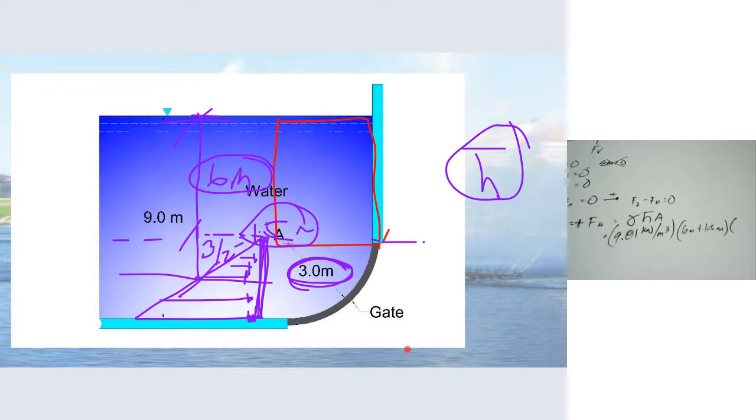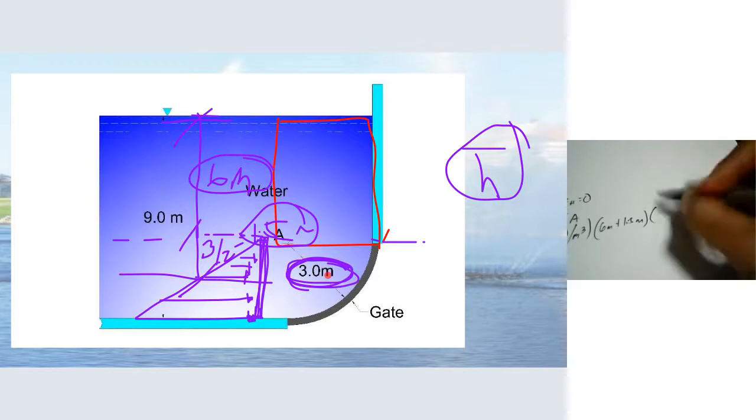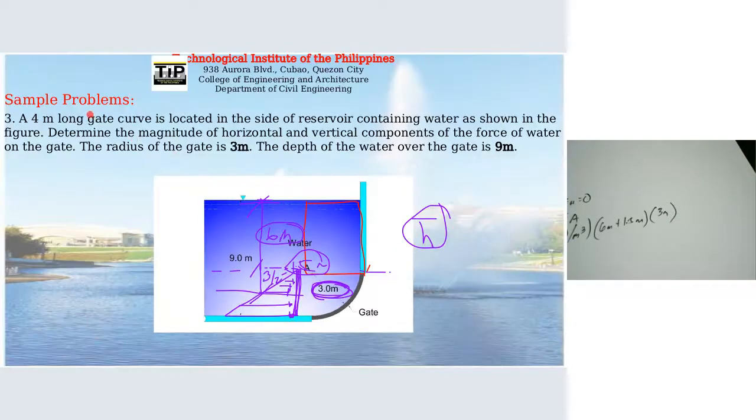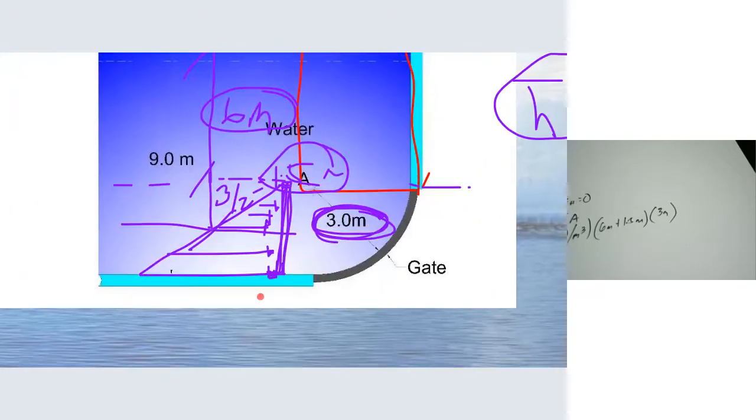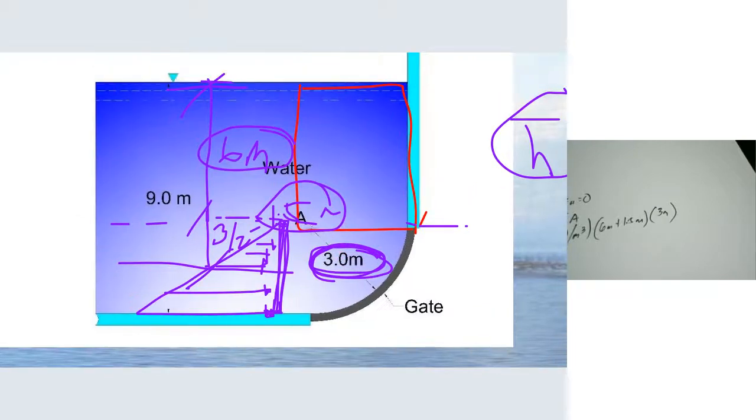So we have 3. Okay, we have 3 meters. That's the height. Times what? Times 4 meters. That's the length of the gate curve. Okay? So kumbaga, kung titingnan mo siya on this side, okay, and on this perspective, makikita mo, yung 4 meters, yung lapad niya.